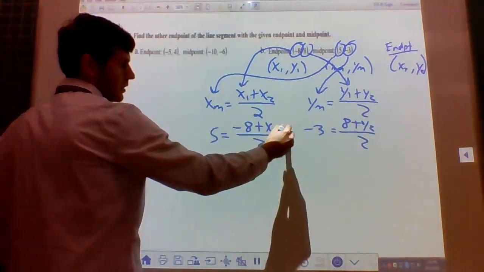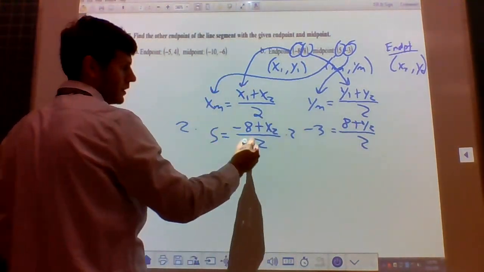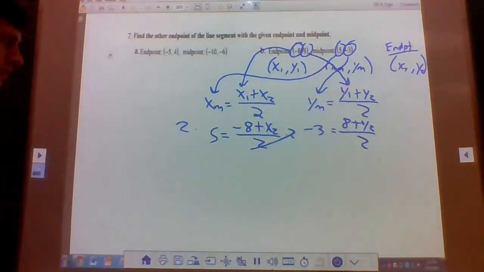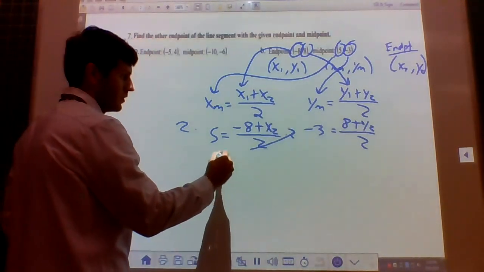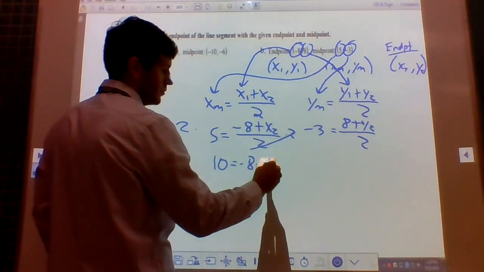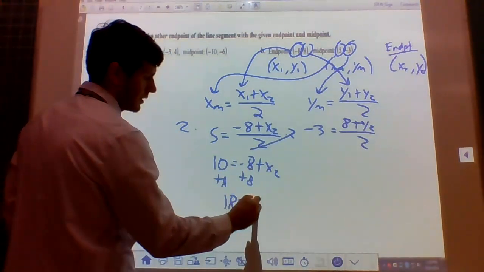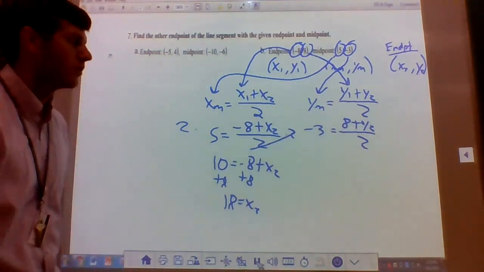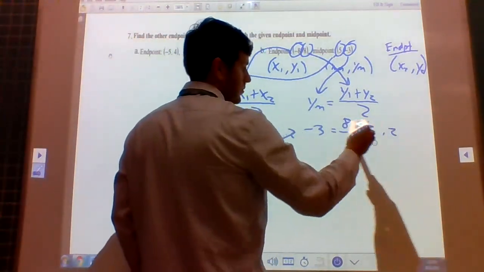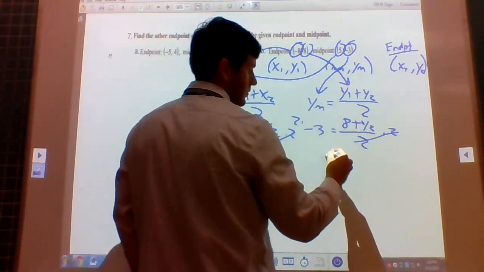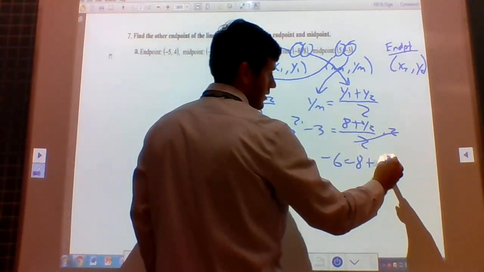We've got to multiply both sides by 2 to get the 2 out of the denominator, using the inverse operation. That's going to be 10 equals -8 plus x2. We add 8 to both sides, so we get 18 equals x2, just like we said. Over here, we multiply both sides by 2, so we get -6 equals 8 plus y2.